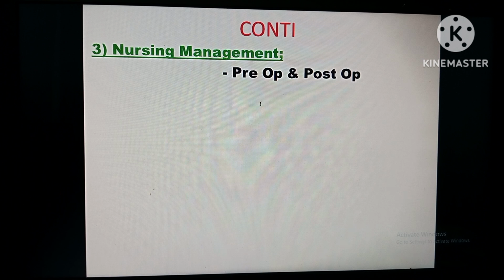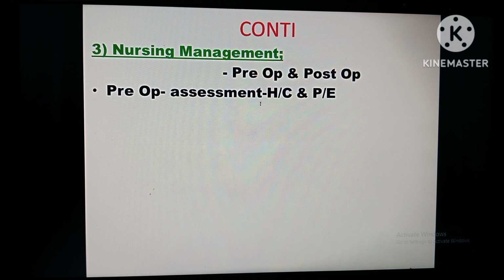After the history collection and physical examination, the nurse will come to know various symptoms. To relieve that, she has to form a pre-operative nursing diagnosis, then plan of action, implement, and evaluate how much the client is relieved from the symptoms.